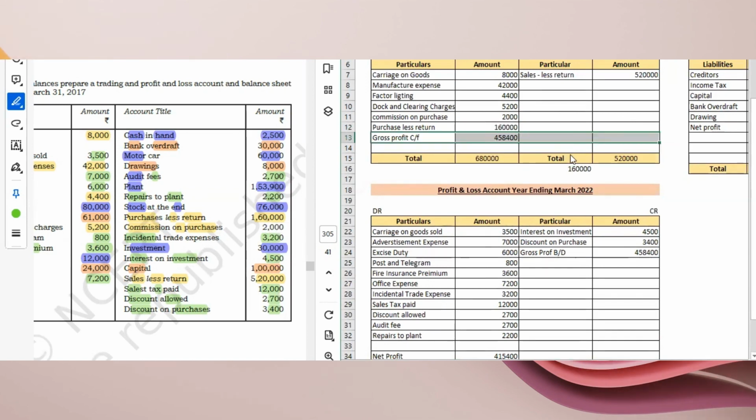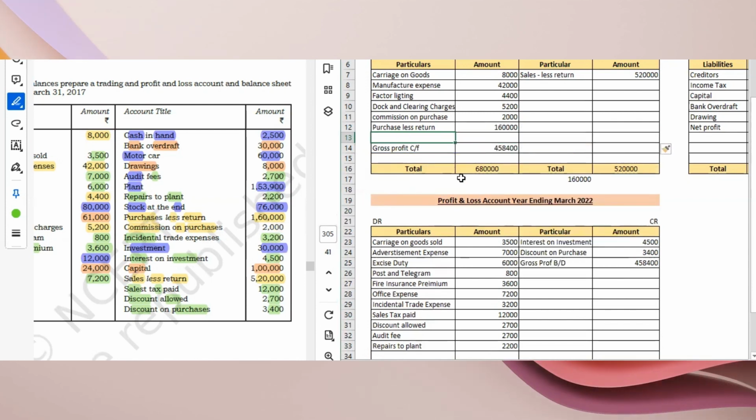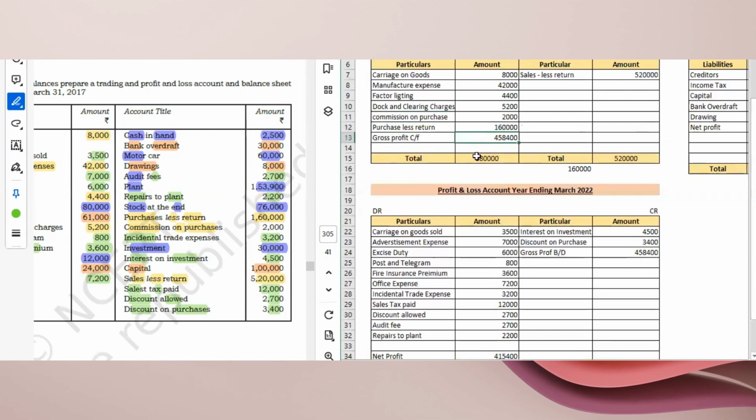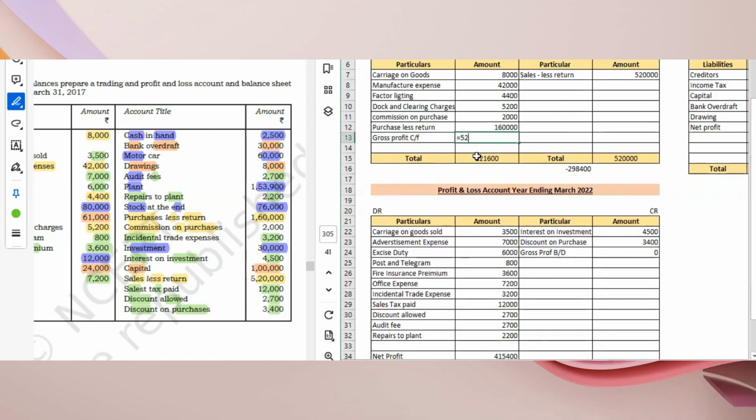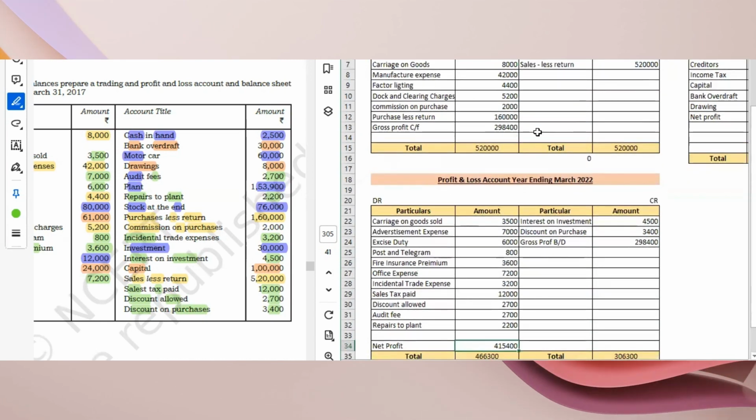One more item is also there, commission on purchase. Now commission on purchase I included it. Now this amount will change, right? See 520 minus 221,600. So my gross profit came down to 298,400.